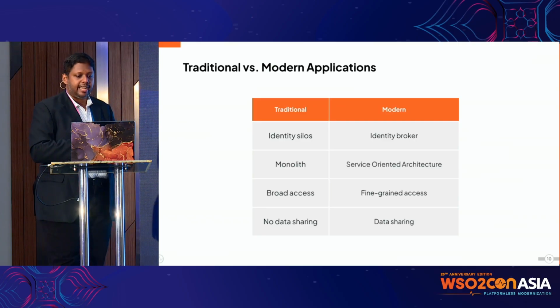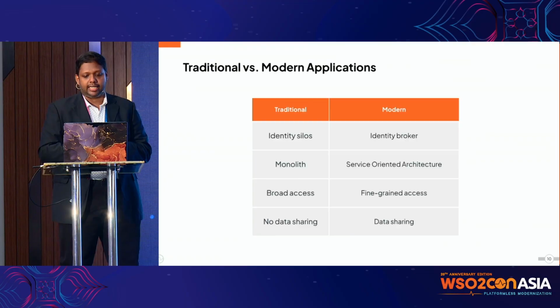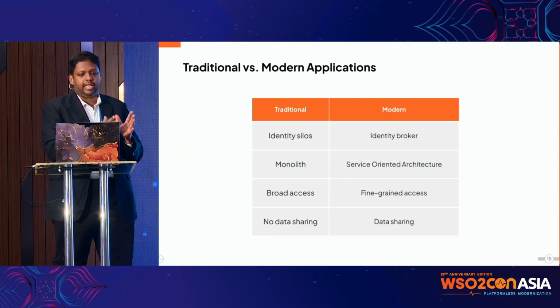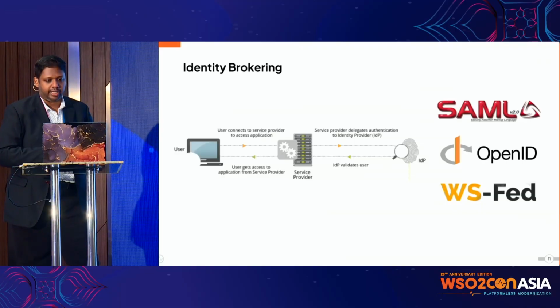Traditional applications had broader access control, and modern applications have finer access control. And obviously, traditional applications have no concept of data sharing, but modern applications with the service-oriented architecture have a requirement for data sharing. So the traditional security authentication mechanisms don't really work for modern applications.